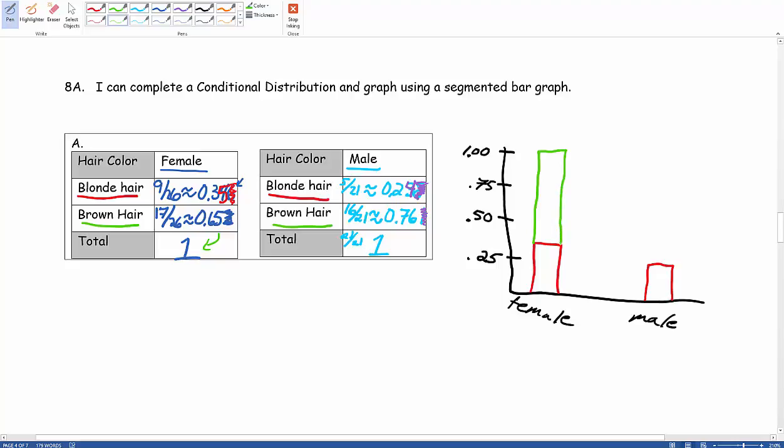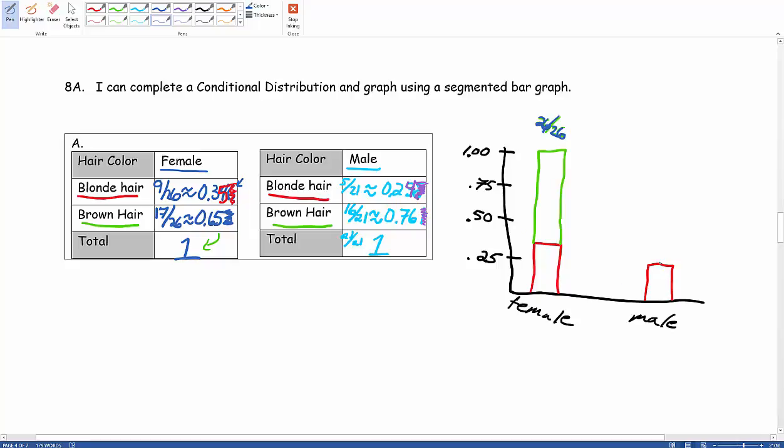Both the red, which represents the blonde, as well as the green area, which represents the brown-haired females, this is all of our females combined together. So in other words, this is our 26 females out of 26, coming from both the blonde as well as the brunettes.